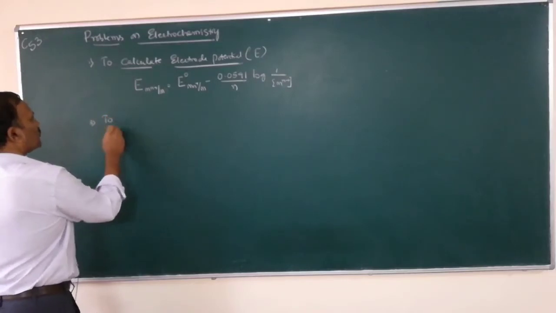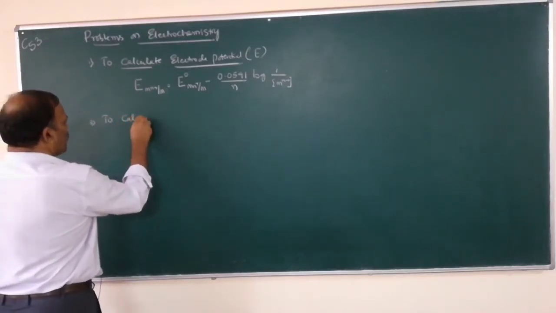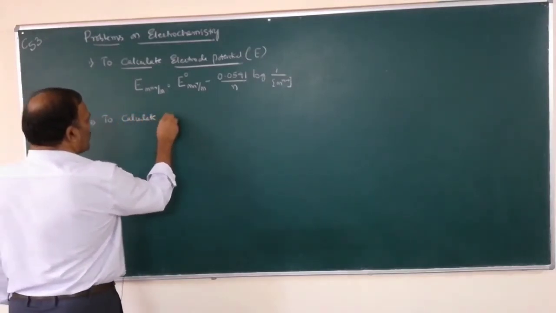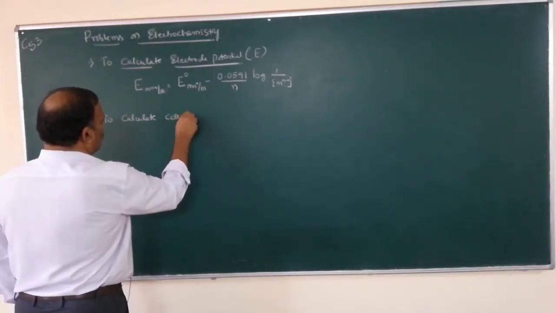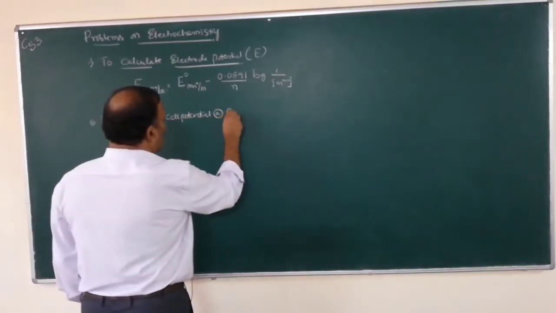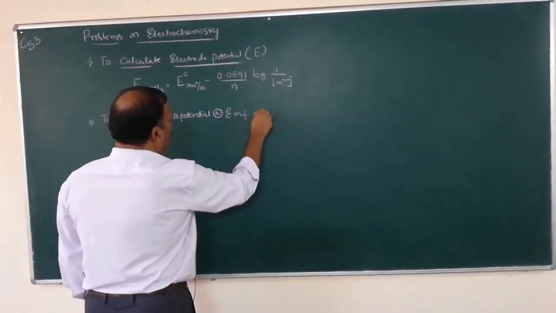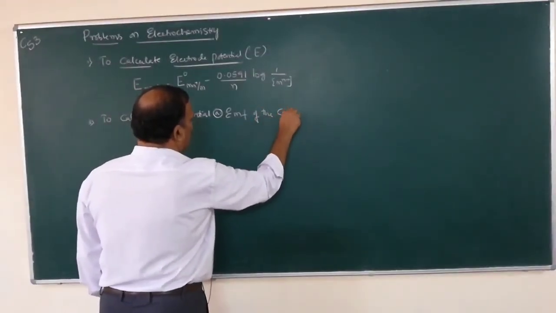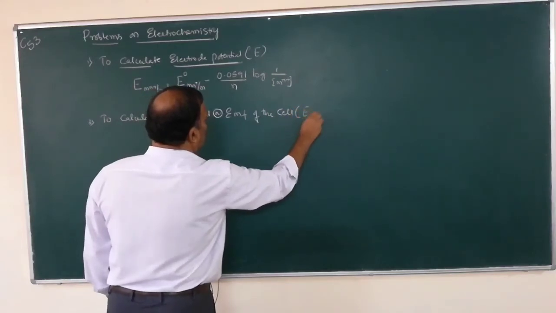Number 2, to calculate cell potential or EMF of the cell, that is E cell.